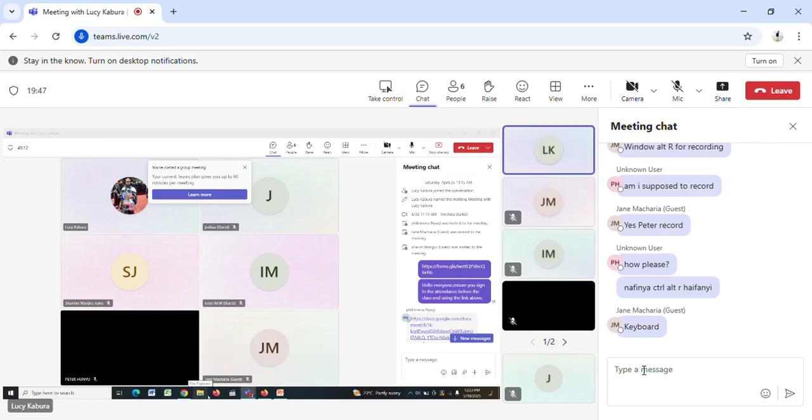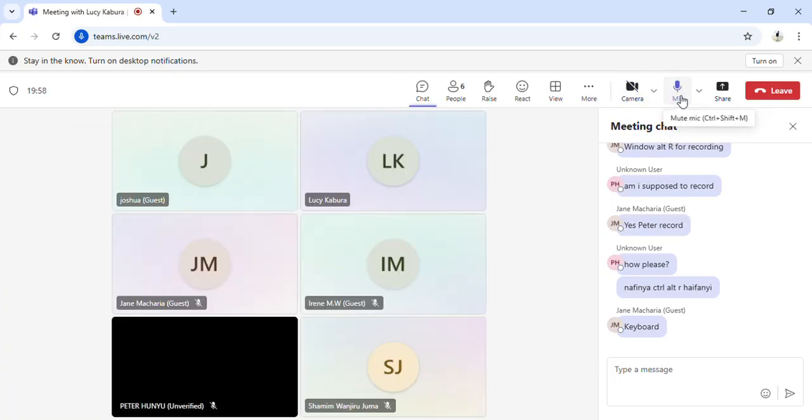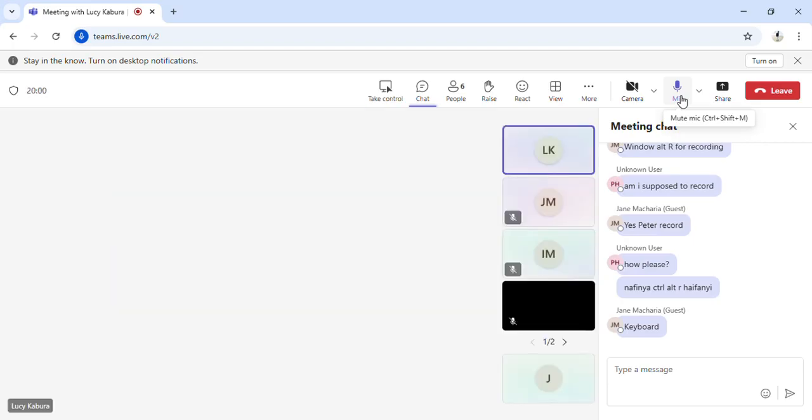We also have the output devices. What are output devices? Let me share my screen to see what the output devices are.